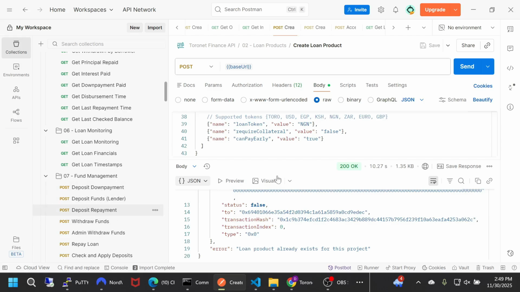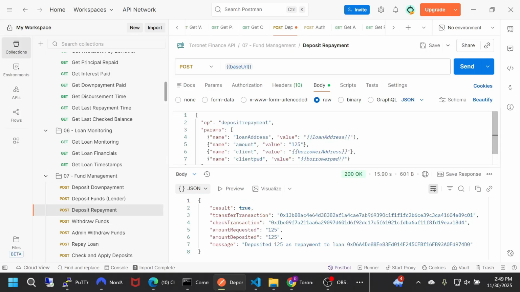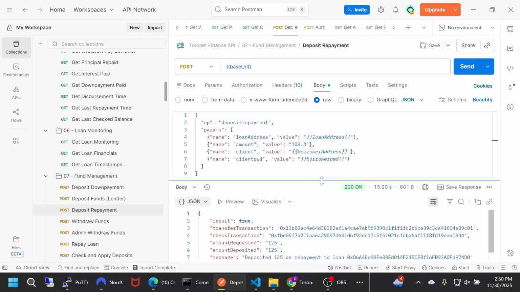Deposit repayment. Okay, so this is going to be the borrower depositing. I'm going to deposit 108.3. I forget the amount, but this is okay.